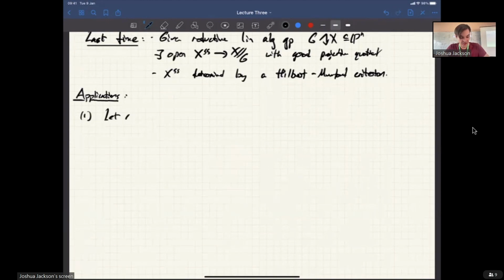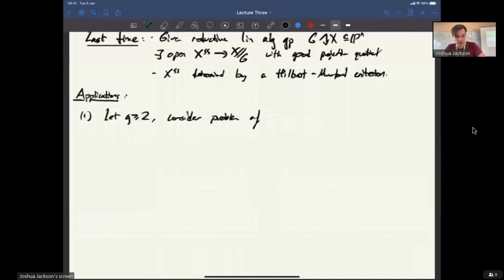Okay, so if we take g greater than or equal to 2 and consider the problem of classifying, let's say, smooth projective algebraic curves of genus g.